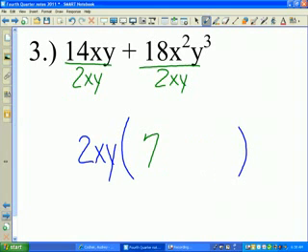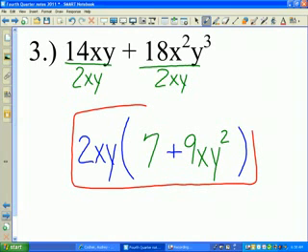So I don't need to write any x's or y's down. I do have a plus sign. 18 divided by 2 is 9. X squared divided by x is x. Y cubed divided by y, remember you're subtracting, is y squared. That means this is my factor. Okay?